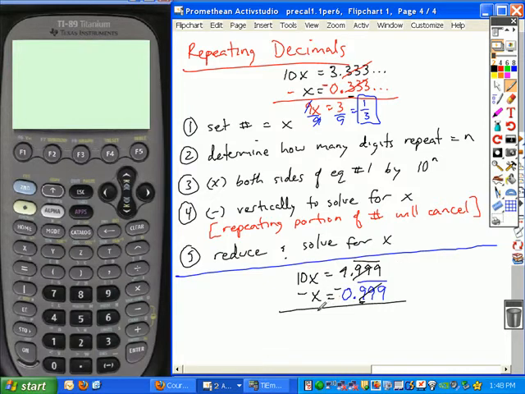And we get 10x minus 1x, which is 9x, equals 9 minus 0, which is 9. Divide by 9, and you get x is equal to 1. Questions on using this for a single digit repeating?